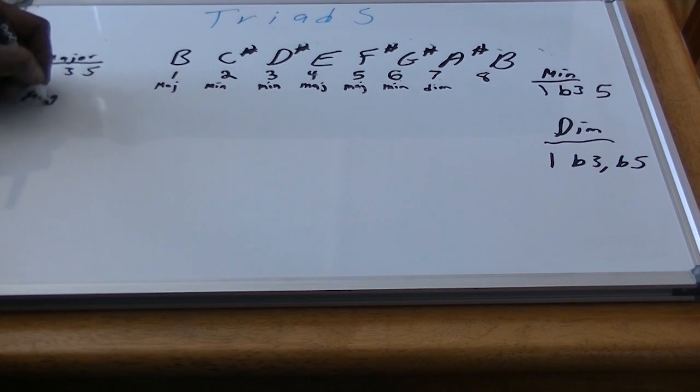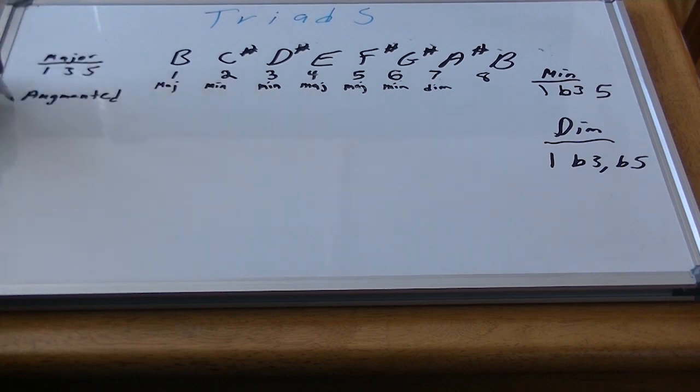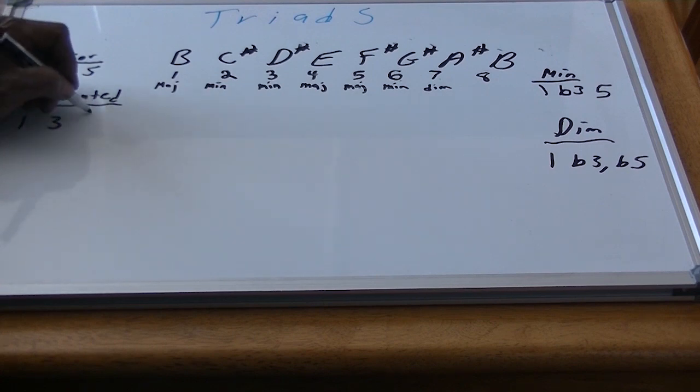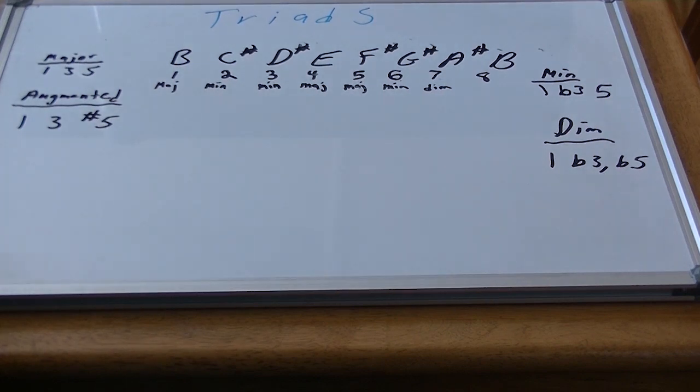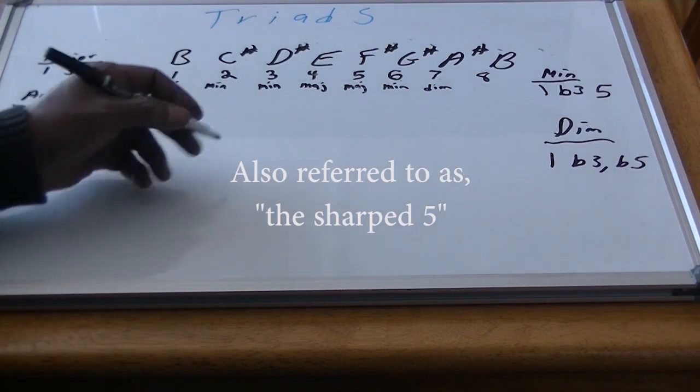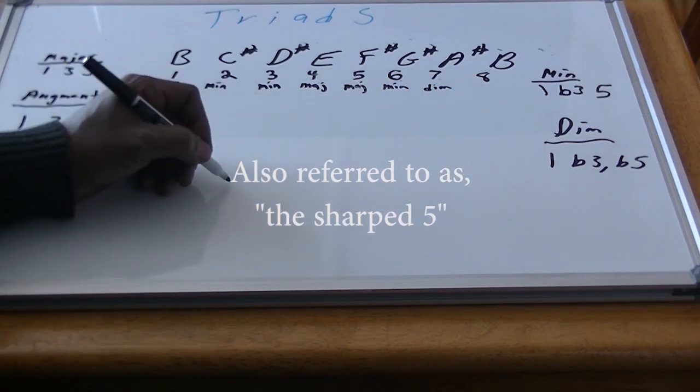Let me write that over here, augmented. The formula for the augmented triad is the root, the third, and the sharp fifth.